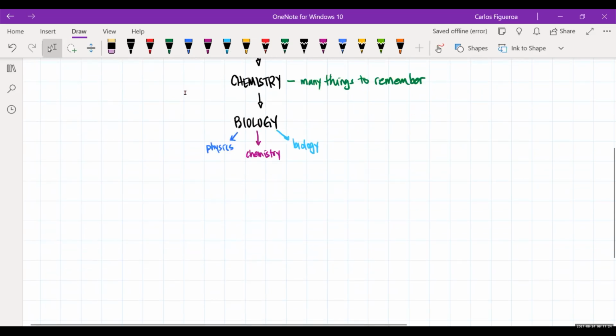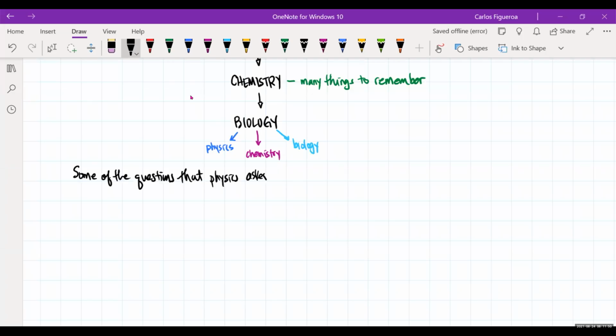I've sort of not really given you an answer, but maybe what I can do here is ask, what are some of the questions that physics can answer? So maybe here's some of the questions that physics asks and solves.